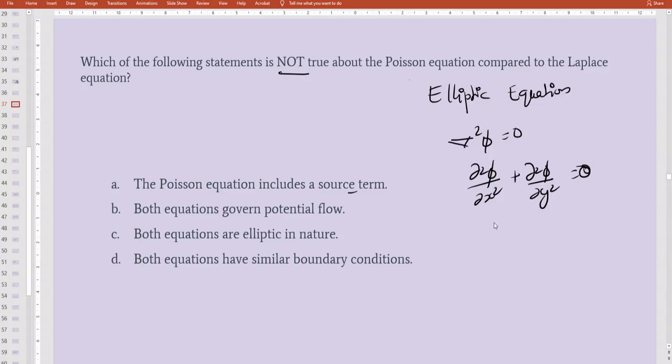Whereas if it is equal to a source term or a function, dou square phi by dou x square plus dou square phi by dou y square equals f of x y, then it becomes the Poisson equation.